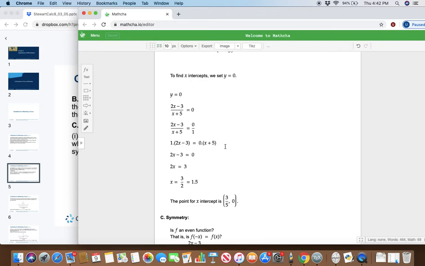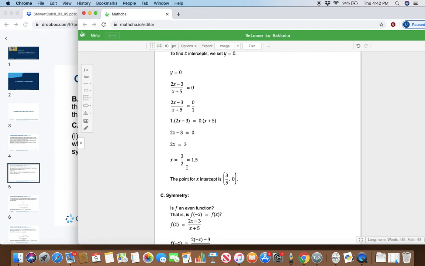Well, 0 times anything is 0, and 1 times anything is that anything itself. Solve for x. Move the 3 over, divide by 2. So 3 over 2 is my x-intercept. Okay, 3 over 2 is 1.5.